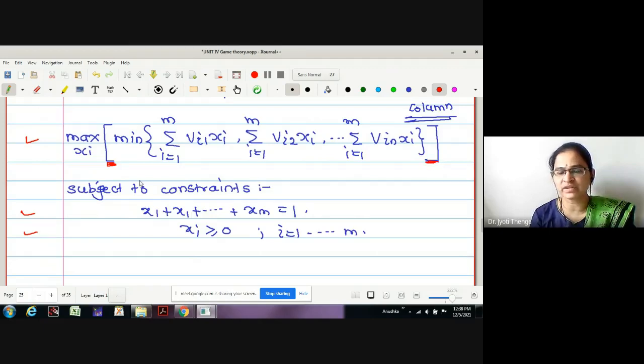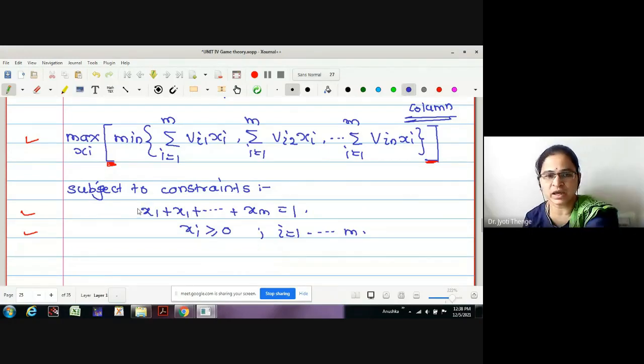quantity within these rectangular brackets, we will denote it by some v as an objective function which we want to maximize and which is subject to these many constraints. Is that okay?